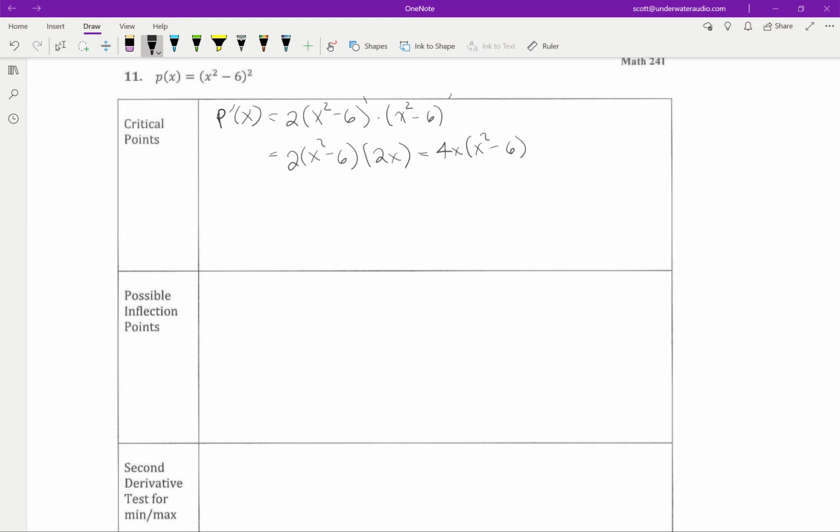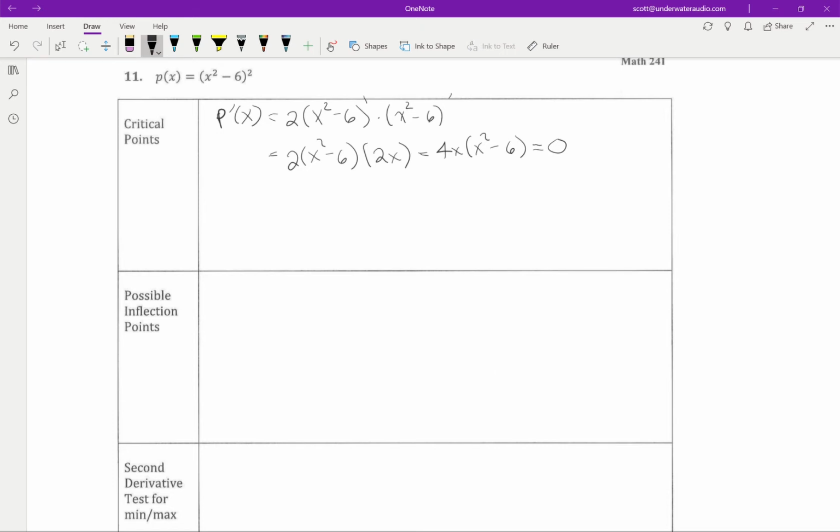So if you remember, to find a critical point, we look to see if the function has any undefined derivatives, and it doesn't look like it. This is a continuous polynomial. So I just set it equal to 0, and since I didn't multiply it out, this is actually pretty easy to solve.